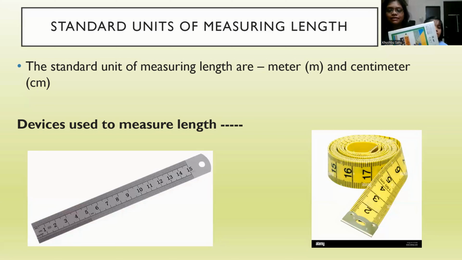It is non-standard because for me it is 1 hand span and then around 5 fingers. It does not cover the complete 2 hand spans for me. But for Advika, it is completely 2 hand spans. So non-standard means which is not fixed and not standard for everyone. You can understand the difference between standard and non-standard units.